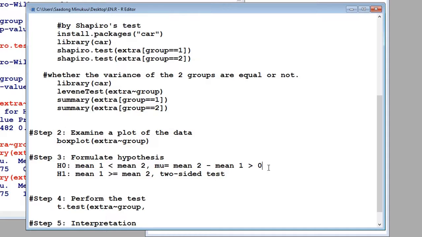So it's important that you give a particular value for this difference, since our test is actually a two-sided test. However, based on our null hypothesis, we are suggesting that mean 1 will be greater than mean 2. So statistically, we have to give a difference.